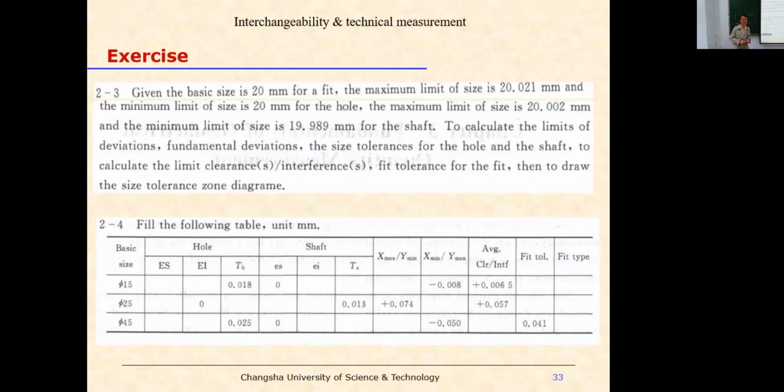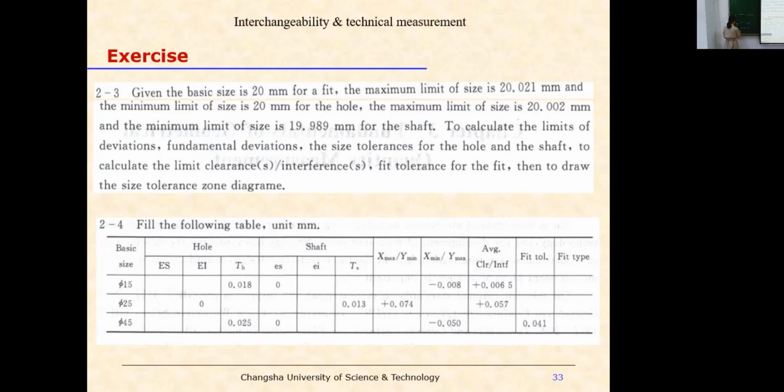It is one half of the maximum and the minimum, meaning the maximum clearance or minimum clearance, or maximum interference or minimal interference.